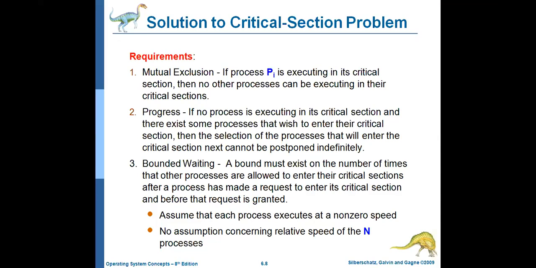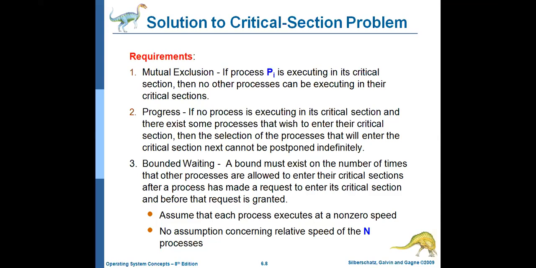And the next one is progress. What is progress? No process is in the critical section, but a subset of processes wish to enter into the critical section. Among that subset of processes, you need to select one process to enter into the critical section.